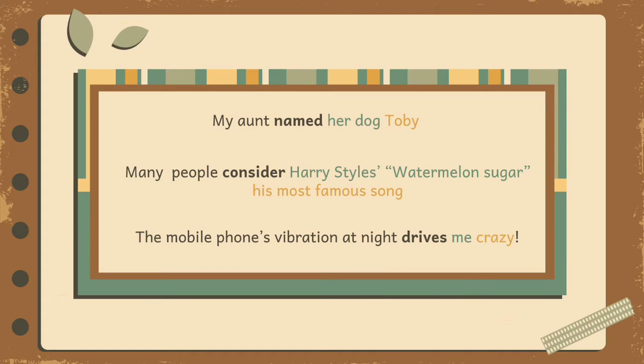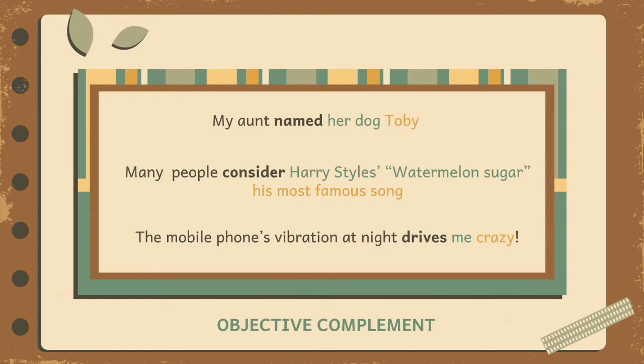In yellow, the complement that describes the direct object, which is in green. And finally, as an idiomatic expression, drives someone crazy, we have: the mobile phone's vibration at night drives me crazy. Subject, verb, direct object, me, and complement, crazy. In this case, the complement is an objective complement.